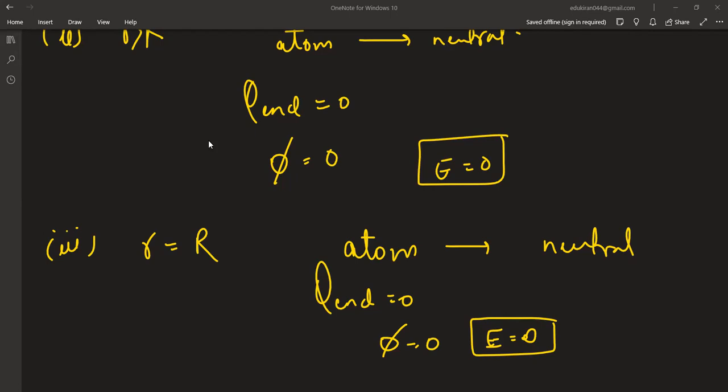All right. See, this derivation we have done. You have to calculate the electric field within uniformly charged electric shell inside and outside. It's just that, let me just show you.